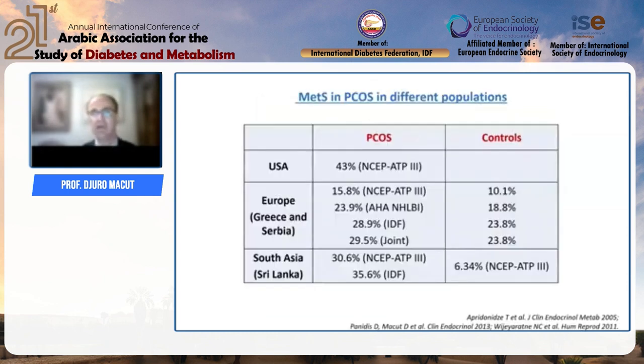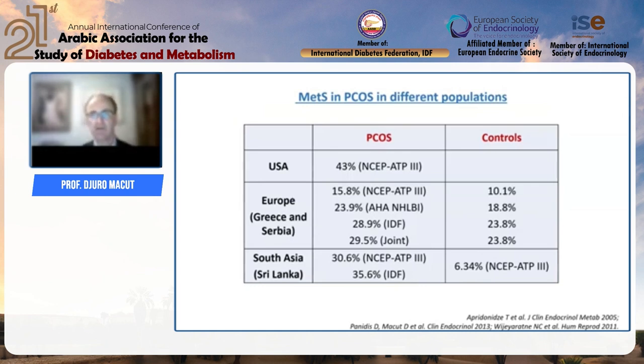In our recent papers, one of the biggest studies that we jointly undertook with colleagues in Greece, we found, using the National Cholesterol Education Program Adult Treatment Panel III, that there is a significantly higher percentage of metabolic syndrome in PCOS in comparison to controls. We showed a clear difference.